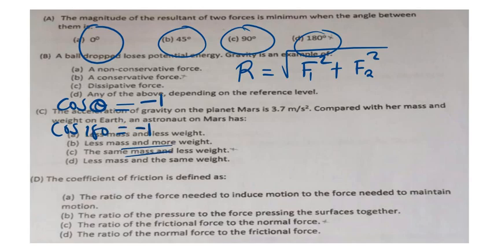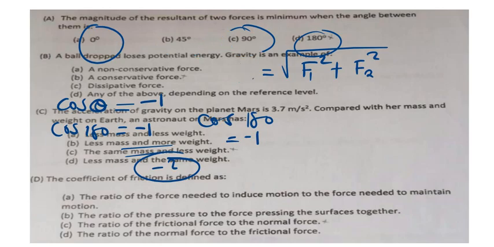That is the smallest or the minimum that we can have, because if I've got another cos 180, it also gives me a -1. Now -1 plus -1 will give me a -2. This is the smallest that we can have, so our answer in this case is D.